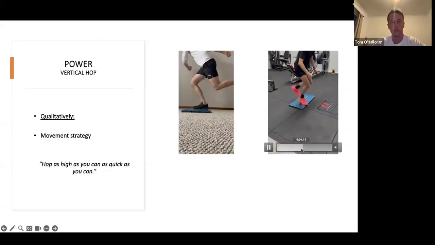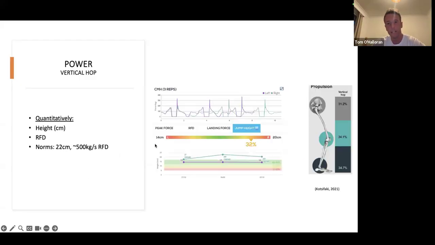So again, it's just a little bit of an insight. And some people may analyze this more than me. But I generally just look at, as long as their legs stay straight, it's going to give me a consistent result. I'm just looking at their height side to side and compared to some norms, and generally rate of force development.